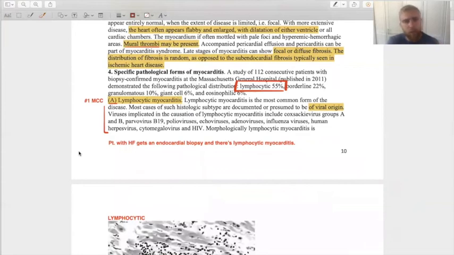Specific pathological forms of myocarditis: lymphocytic by far most common, and then within lymphocytic, the most common cause of that is going to be Coxsackie virus. Again, compare the symptoms. We're thinking upper respiratory or GI infection, that can be adenovirus, and then sickle cell patient, child, parvo becomes more likely.